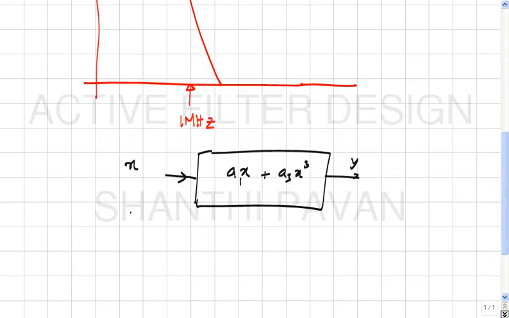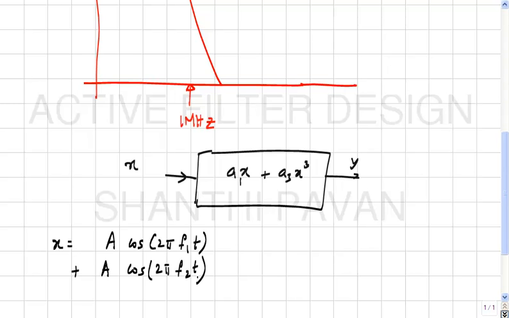So, now if x is A cos 2 pi f1 t plus A cos 2 pi f2 t, what is y?